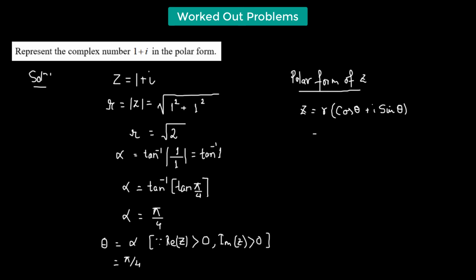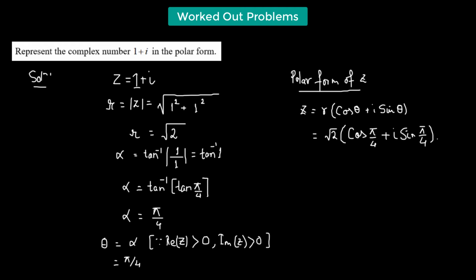So r is the square root of 2, multiplied by cosine of theta, where theta here will be pi over 4, plus i times sine pi over 4. So that's it. This is how we represent the complex number 1 plus i in the polar form, and that is given by the square root of 2 times cosine pi by 4 plus i sine pi by 4.